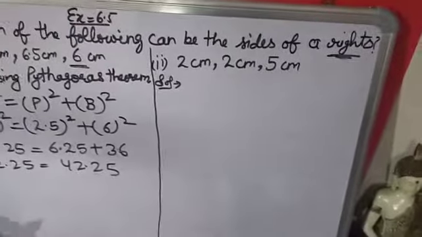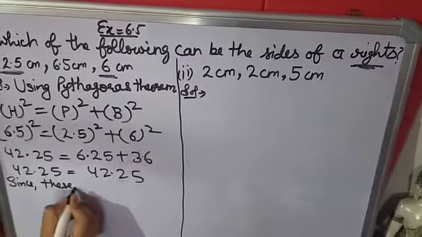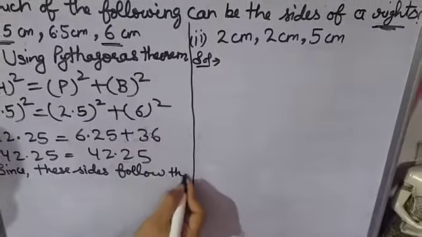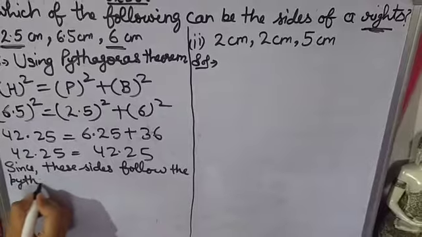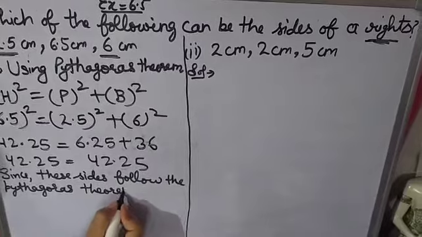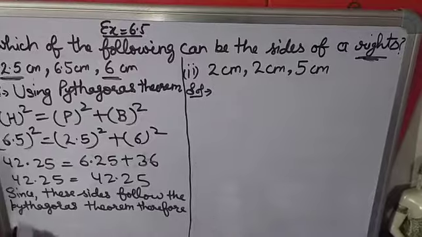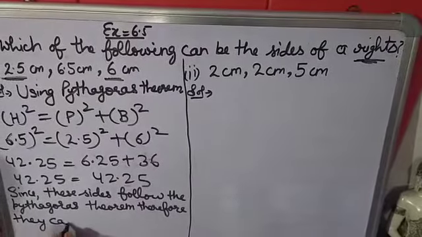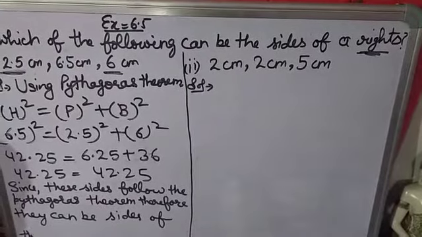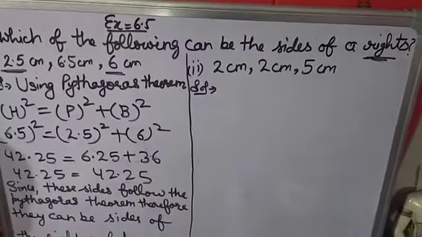It means, so we will write here, since these sides follow the Pythagoras theorem, therefore they can be sides of the right angled triangle.